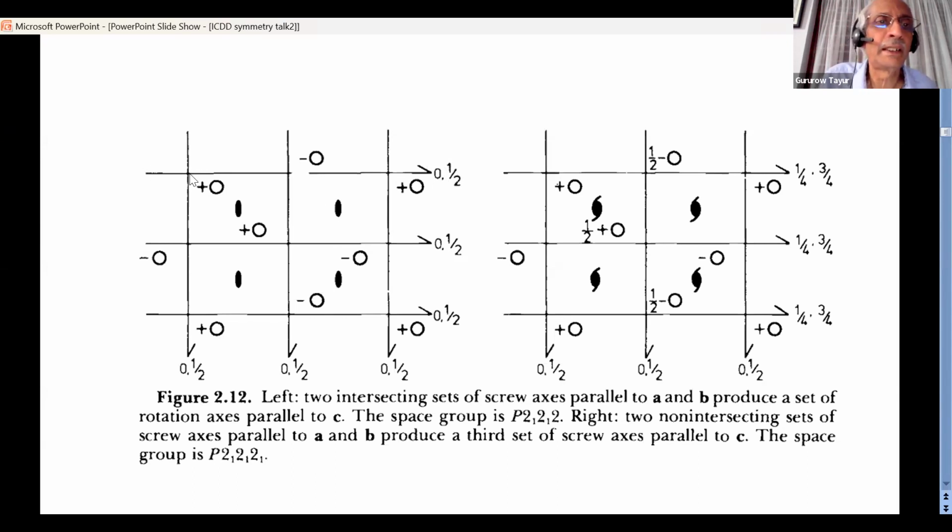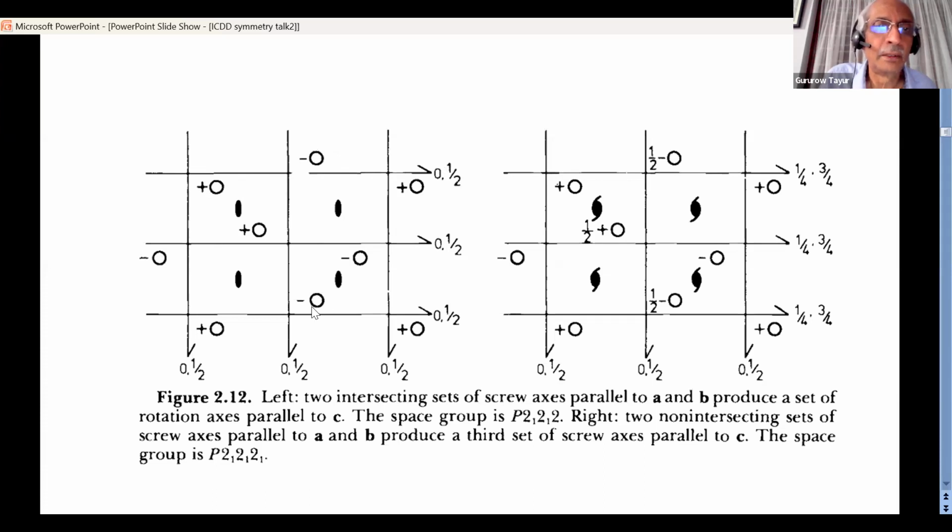When they intersect at a point, the equivalent points which we generate are shown in this form: a circle with plus coming up towards you, a circle with minus going down here, which is a result of the 2-1 screw operation in this direction. Similarly, the result of the 2-1 screw operating in this direction is that one. Now, in order to bring these inside the unit cell, we have to move this one up here, and this one comes down here.